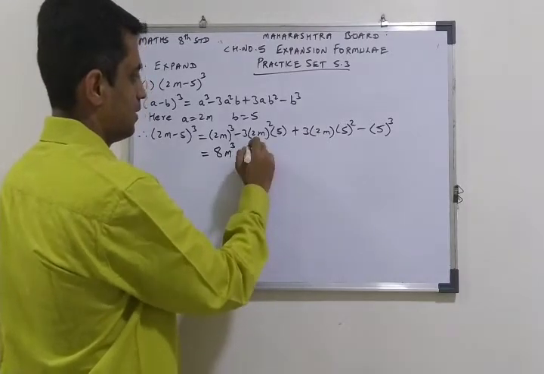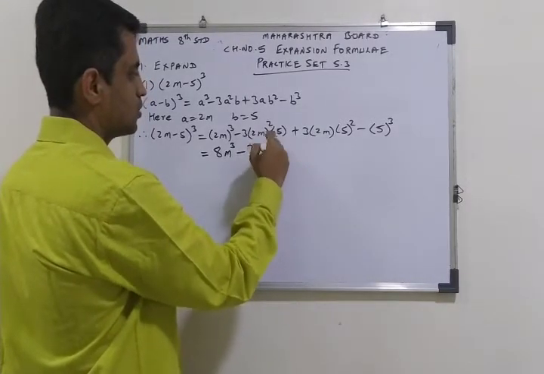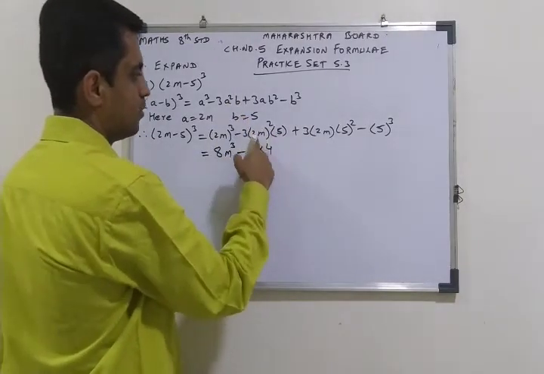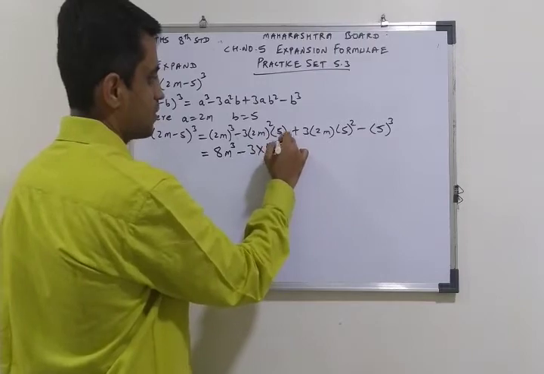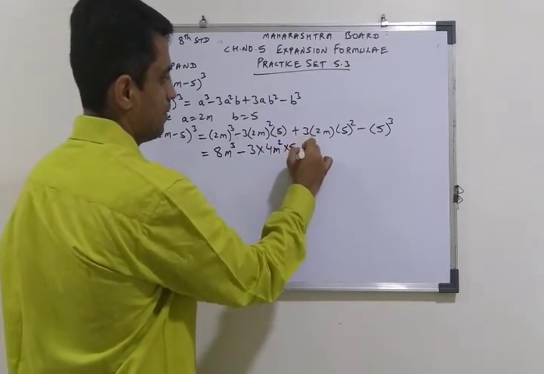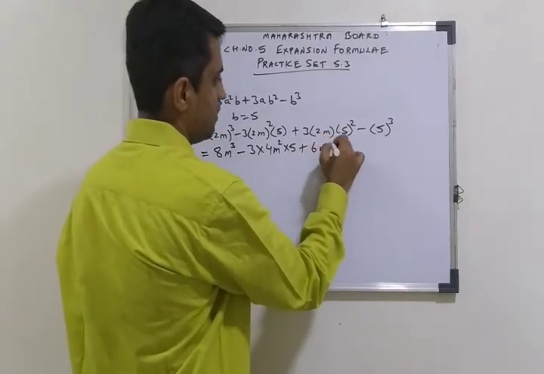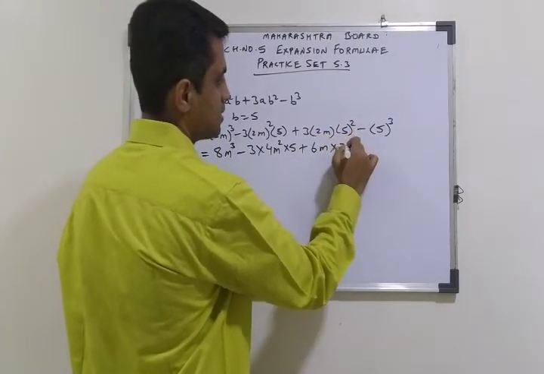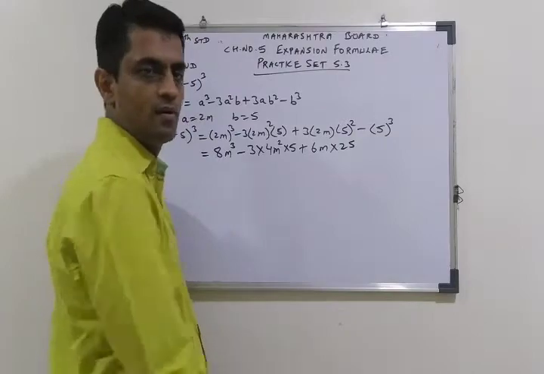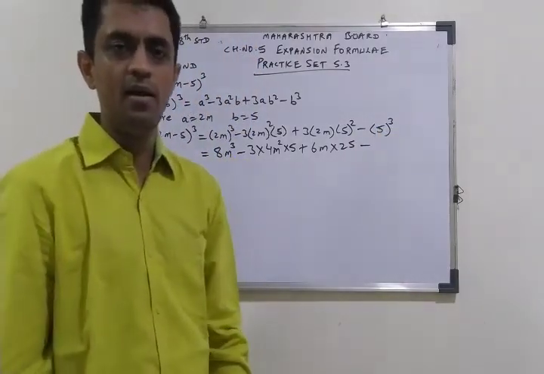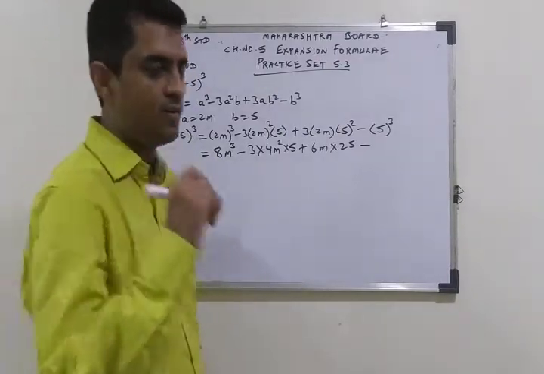Just a moment. 3 into 2 square is 4, because square is there in the formula. 2 square is 4, m square is m square into 5, plus 3 2s are 6m into 5 square is 25, minus 5 cube. 5 5s are 25, 25 into 5, 125.